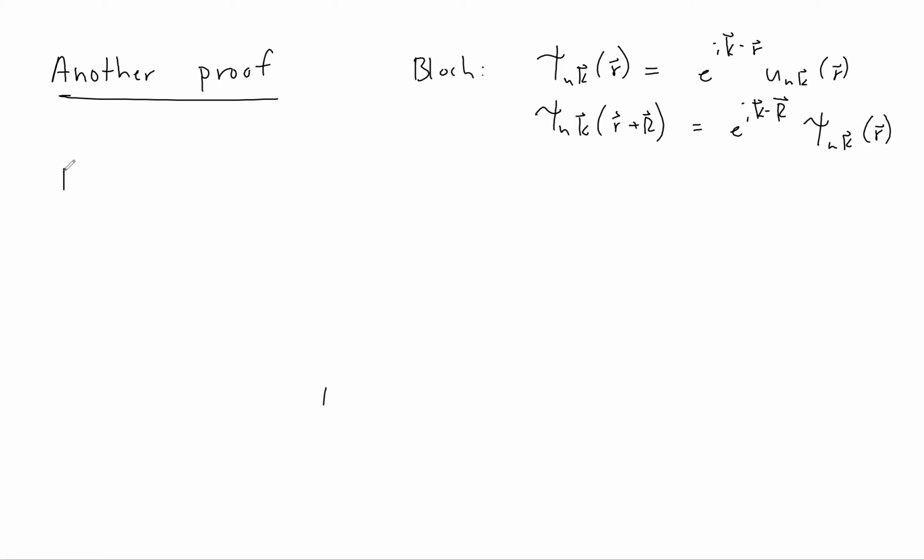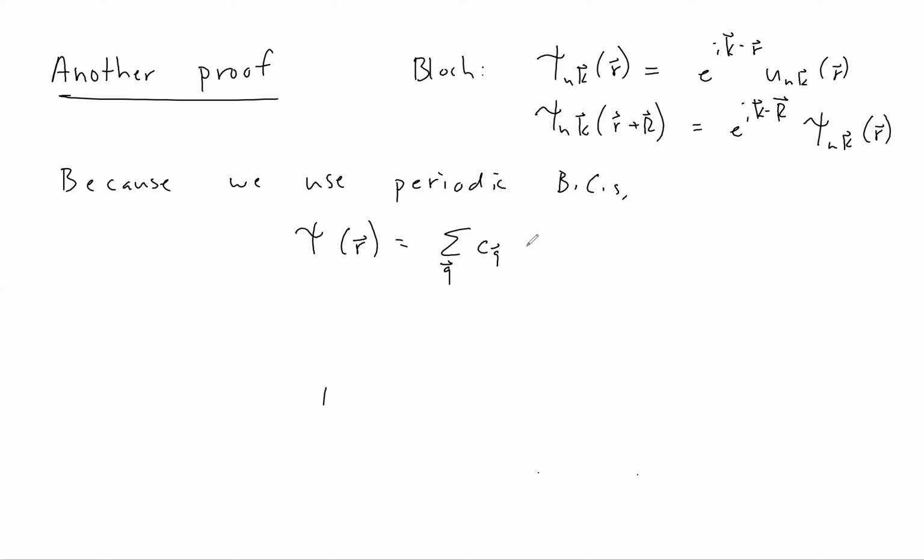So we'll say that we can write the as yet unspecified wave function, the eigenfunction of the Hamiltonian that we're trying to find, as a sum over wave vectors q of coefficients times plane waves. So this is the Fourier expansion of the wave function. q satisfies our boundary condition.